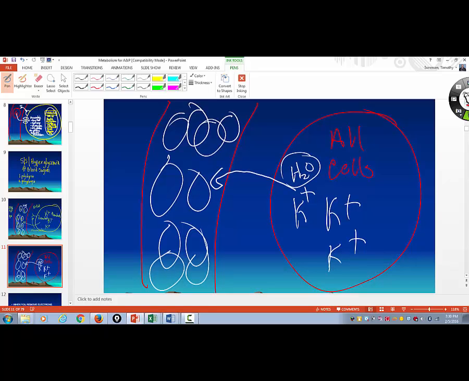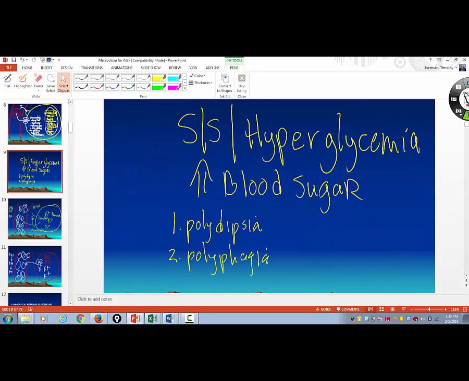And when you add water to the bloodstream, it increases your blood volume. And that increases your blood pressure. And when you increase your blood pressure, that increases the amount of pee. So that explains our third sign, which is polyuria.